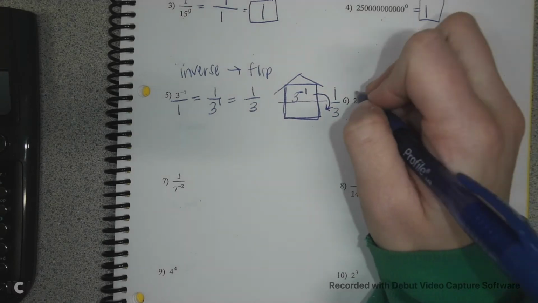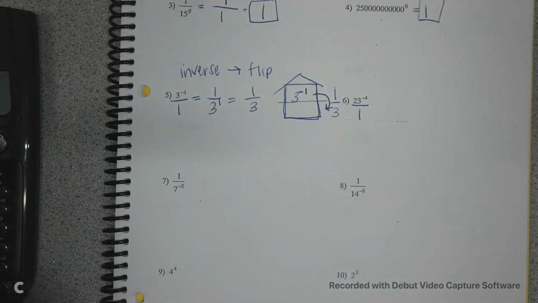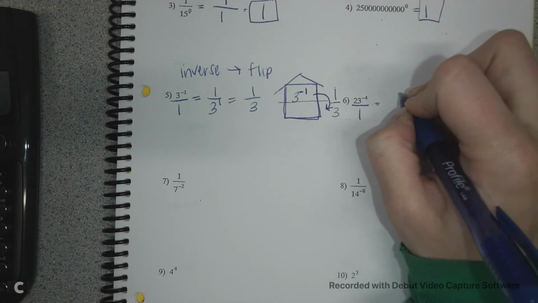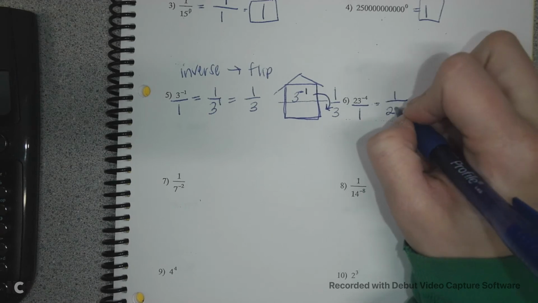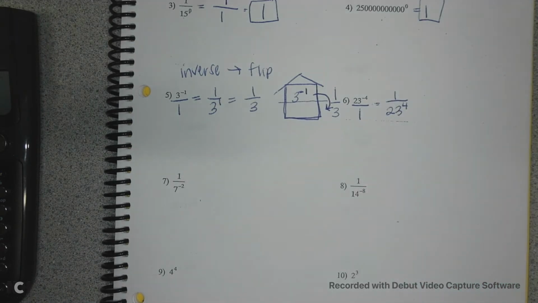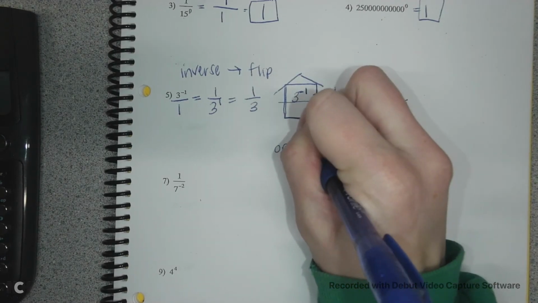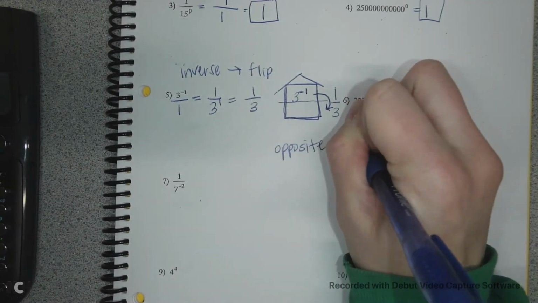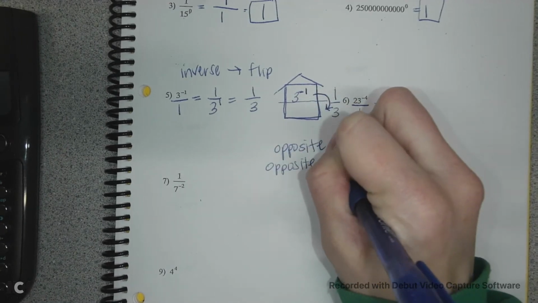Okay, number 6 is the exact same thing. Currently, this guy is unhappy upstairs. When he gets flipped or moved to an opposite spot, then he has an opposite sign and he becomes positive. So opposite spot, opposite sign.